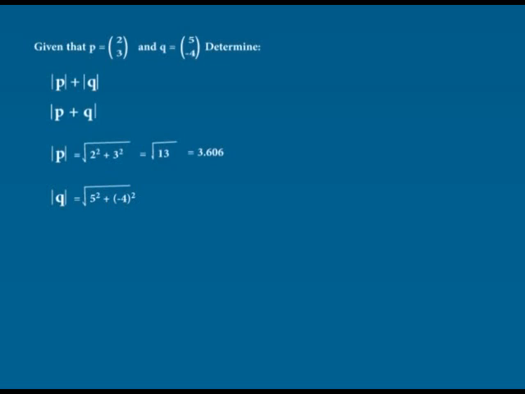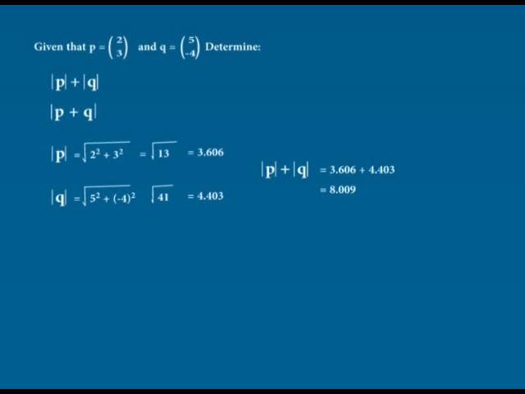That gives us 25 plus 16, which is the square root of 41, and that is equal to 4.403. The sum of the two magnitudes, 3.606 plus 4.403, will give us 8.009.